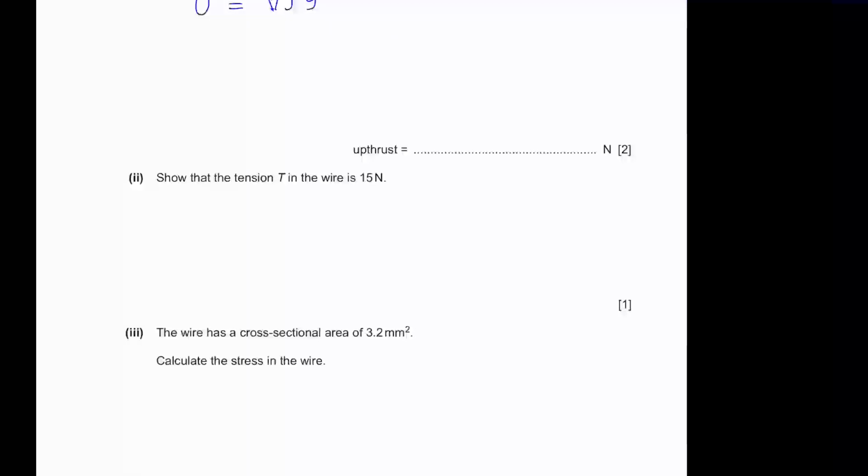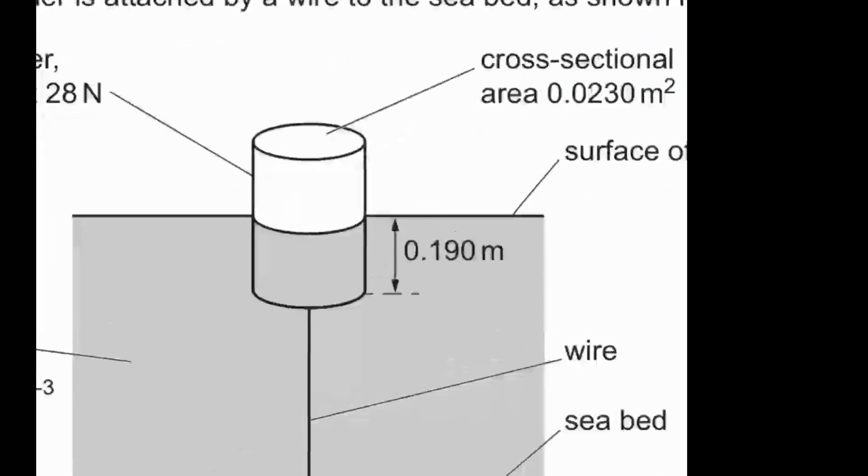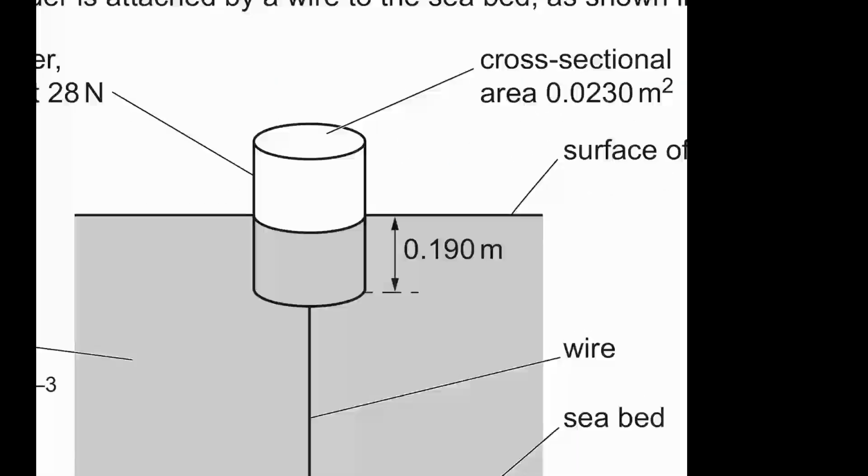So guys, V is the volume of the water which is being displaced. The volume of the water being displaced is the volume of the cylinder which is within the liquid.